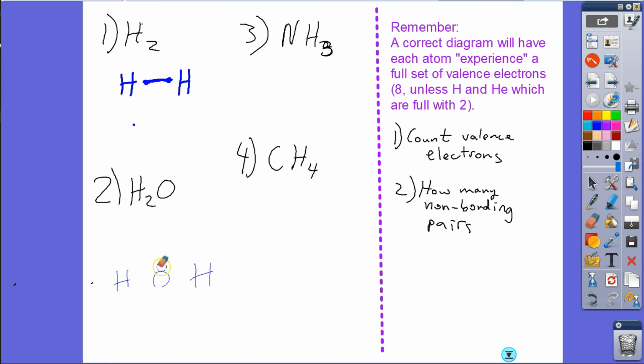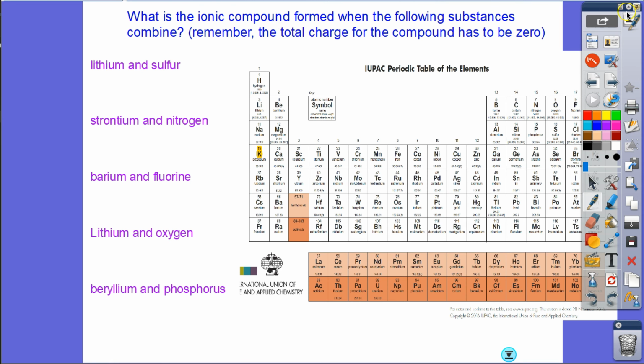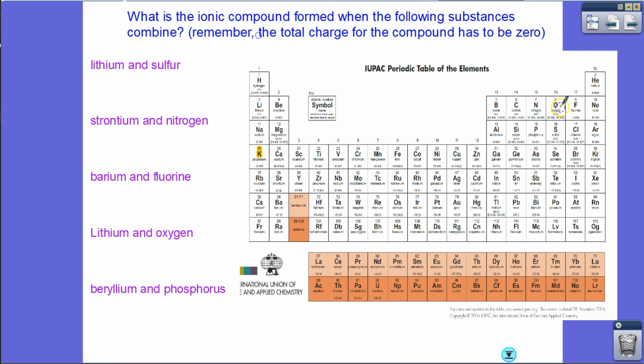Generally, nature likes things to be symmetrical. So remember that hydrogen just has one valence electron. If we go back and look at the periodic table and find oxygen, oxygen is over here. It's in group 16. So if you remember the trick, you just look at the ones place of 16, which is 6. So oxygen has 6 valence electrons.